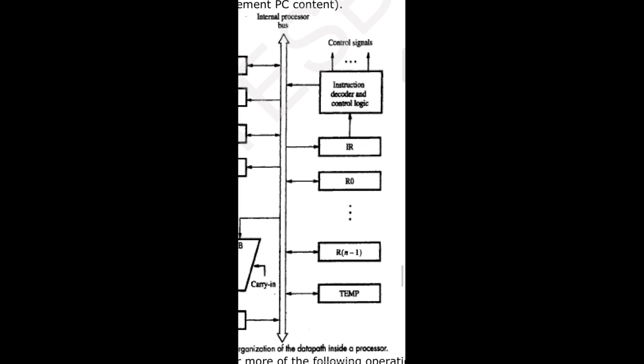Again you can see a bidirectional arrow, because it can either access the data or give the data onto the internal processor bus, and hence onto the memory and the different units and peripherals, because the processor bus will be connected to the single bus. Recall the single bus architecture. It is connected to all the peripherals of the computer, like memory, input output devices and the processor unit, right?